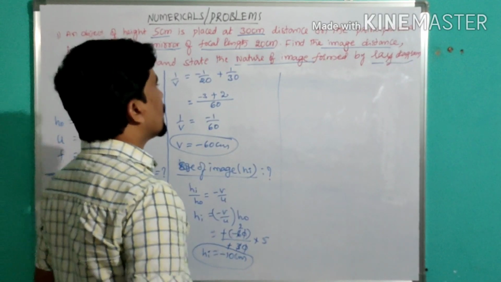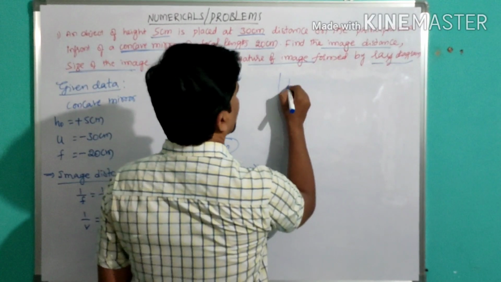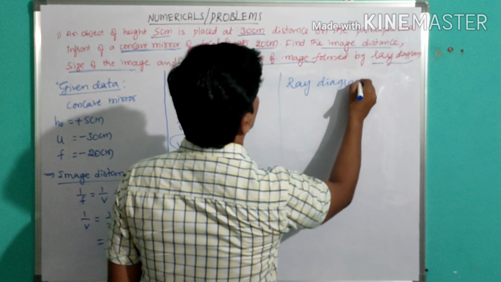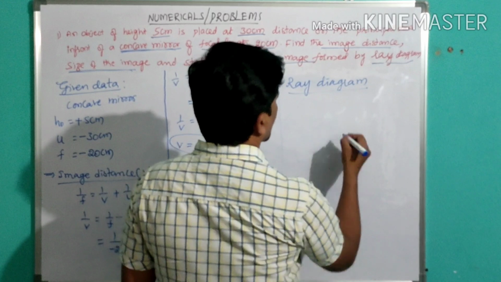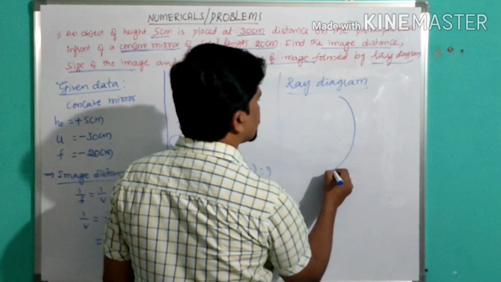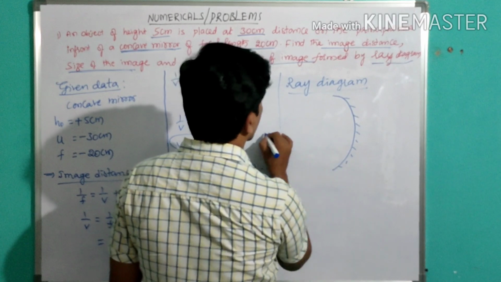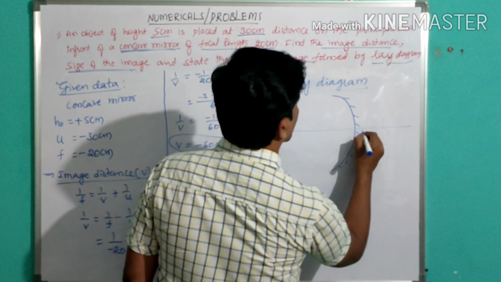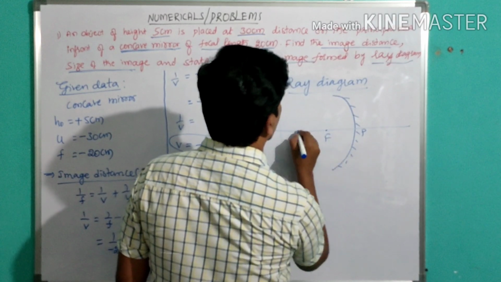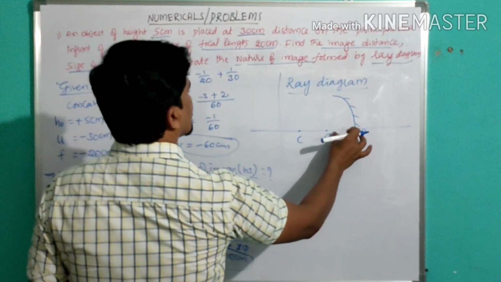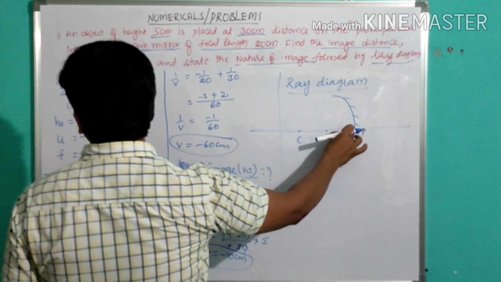Now write the nature by ray diagram. Concave mirror. Focal length, this is 20 centimeters.